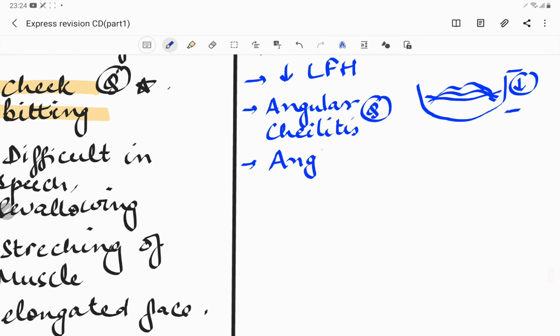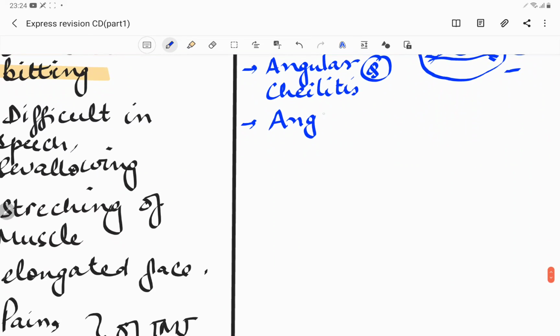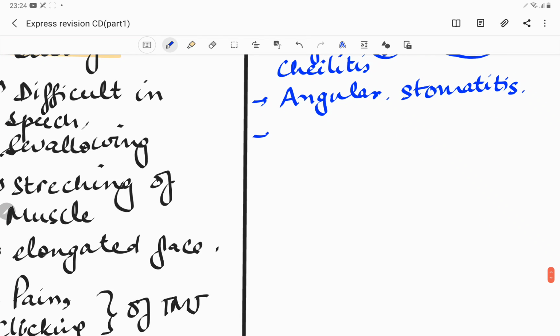Angular stomatitis can be due to two reasons: either decrease in the vertical dimension of occlusion, or vitamin B2 deficiency, right?